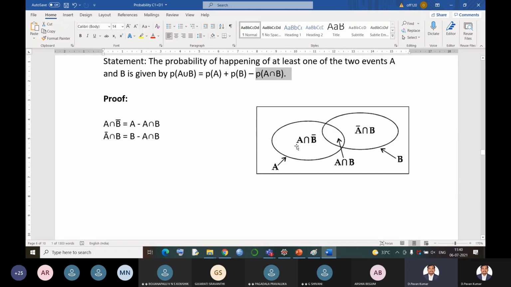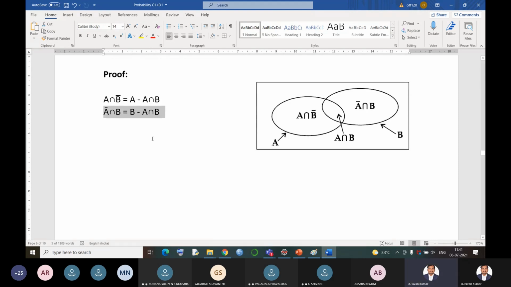A intersection B bar means, see, now we have the formula on the left side, complete circle A minus intersection part A intersection B. That means this remaining part is called A intersection B bar. Similarly, we have the second part. A bar intersection B is nothing but the complete B circle minus the intersection part, so that means B minus A intersection B. I'll be using this Venn diagram as well as these two formulas to find our proof.